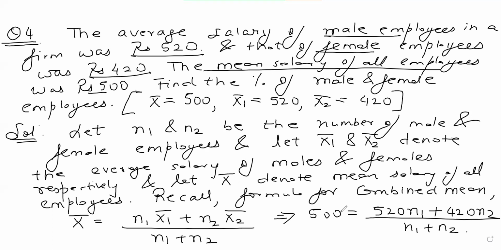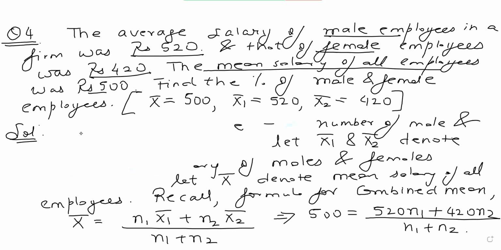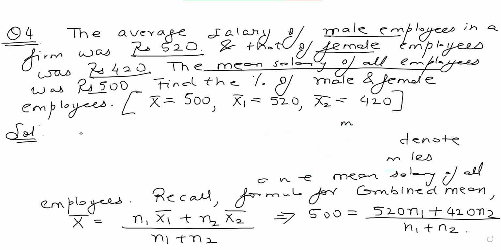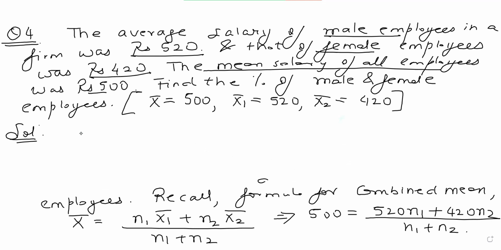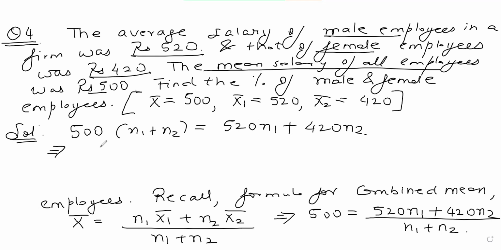Now if I solve this equation, I can write that 500 times (N1 plus N2) is equal to 520 N1 plus 420 N2, which implies 500 N1 plus 500 N2.